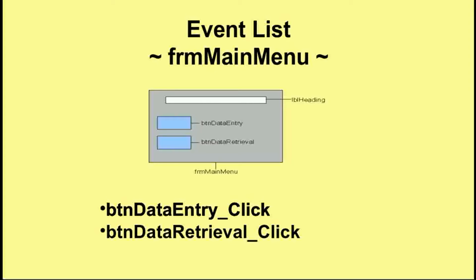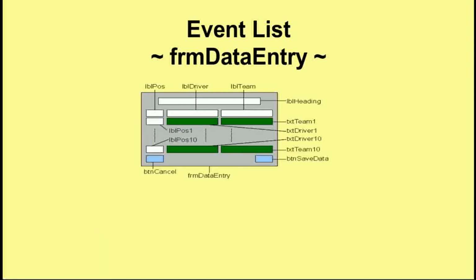In the case of form main menu, there isn't anything that we specifically want. However, when we move on to the data entry form, we need to get the user to input the year and the name of the Grand Prix that they want to enter. So we're going to need a form data entry load event.